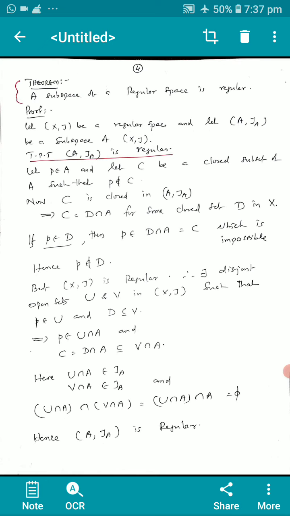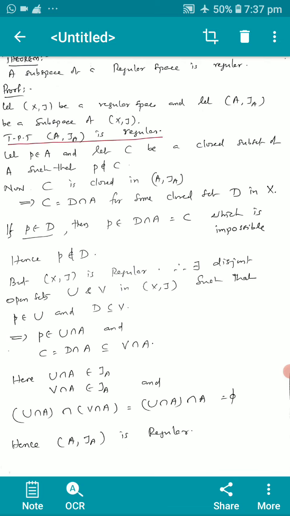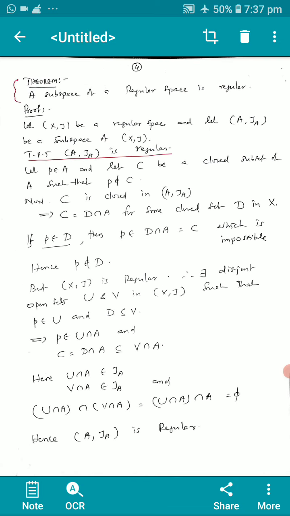If the point P is in D, then P is an element of D intersection A, which is equal to C, which is impossible.